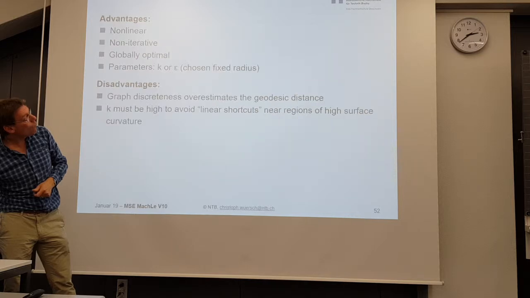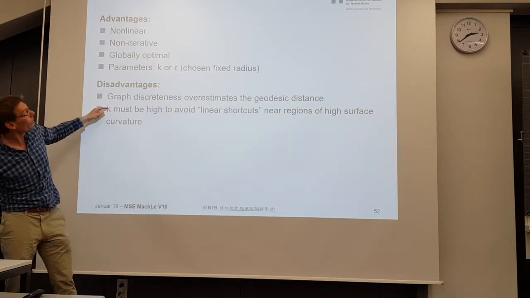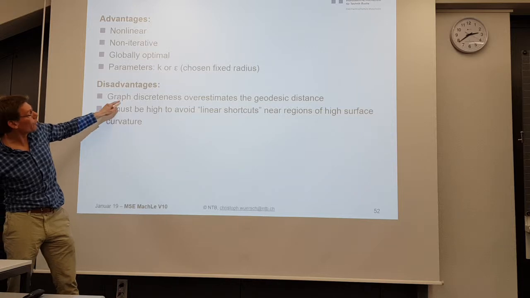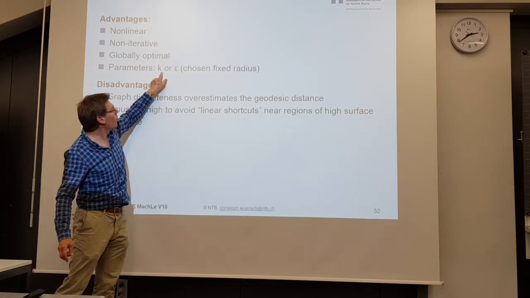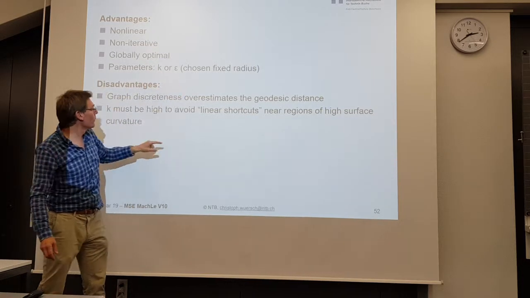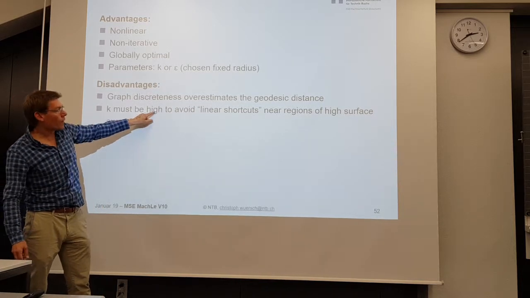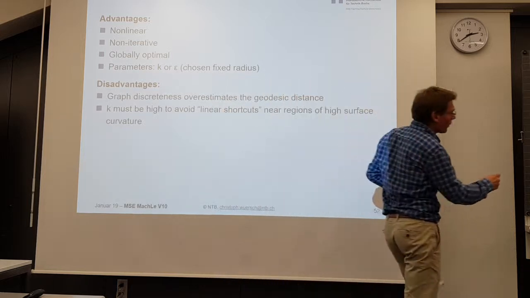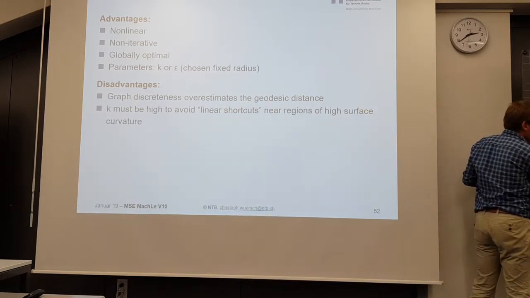And now we come to what the disadvantages are. K must be quite high, the number of neighbors. We have 2 parameters, K or epsilon. We don't want any shortcuts along this S here, but we really have to avoid such a shortcut here.